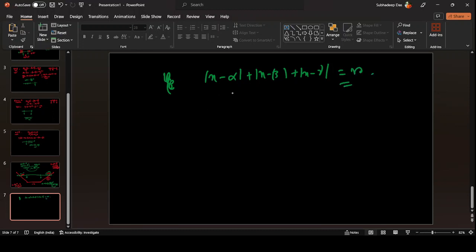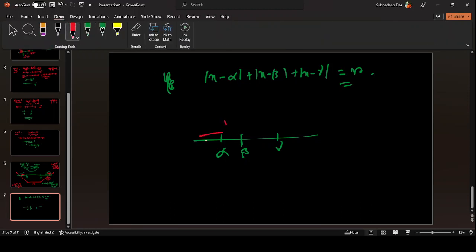For this, we have to consider the alpha point, beta point, and gamma point on the x-axis, and then consider these regions individually and try to find out the functions. Whenever the function cuts the x-axis, we get that number as a solution, and we can count them and get the solution.